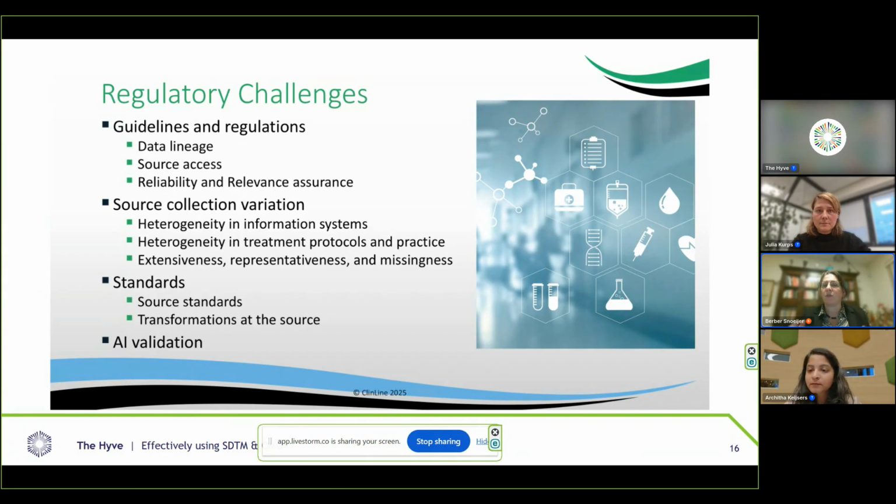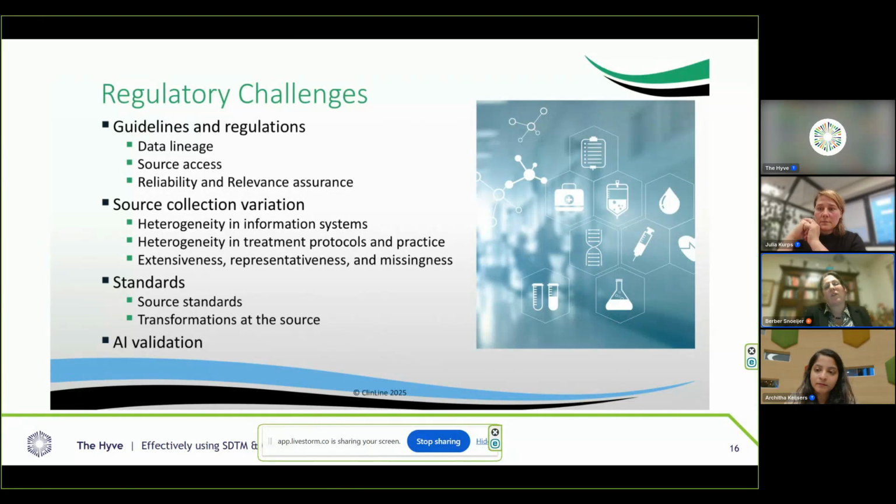You have groups of specialists that have their own ways of treating their patients, but also their own ways of collecting that data. And then the extensiveness of the data that is collected, the representativeness and the missingness needs to be addressed.